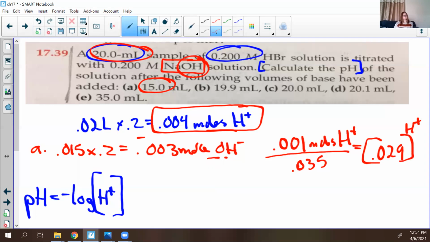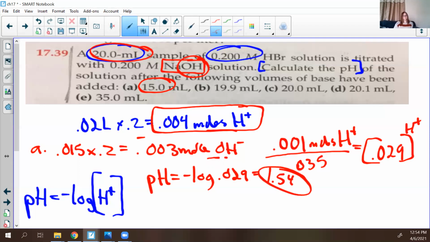So then we negative log it. So the answer to A is that the pH is equal to the negative log of 0.029. I plug that in and I get some number. All right, 1.54, good enough. Okay, now that's pretty acidic, and that's justified. Anytime you have strong H plus in excess, you're going to have a pretty acidic solution.